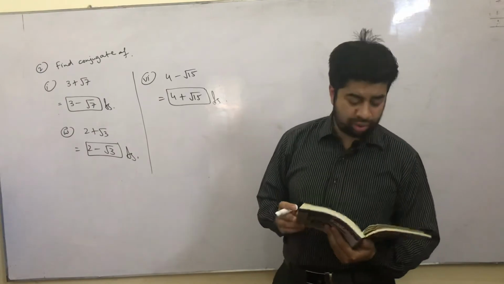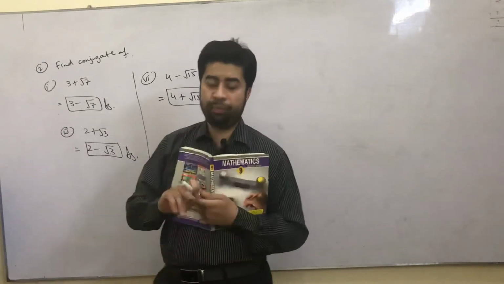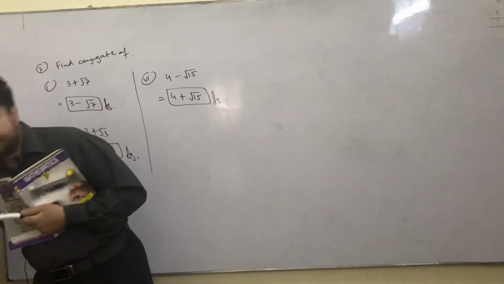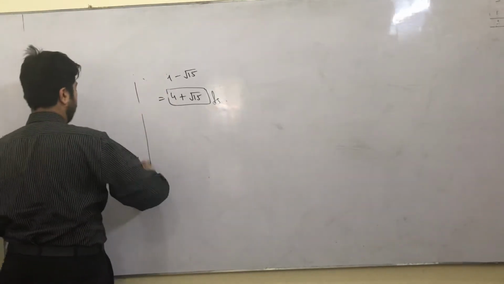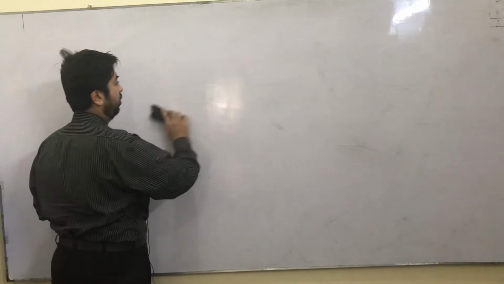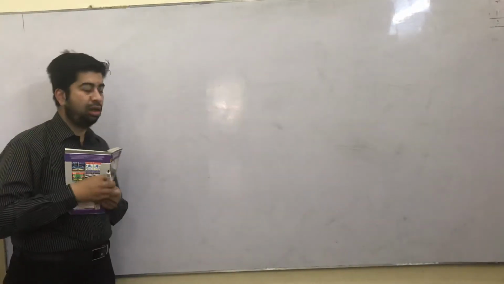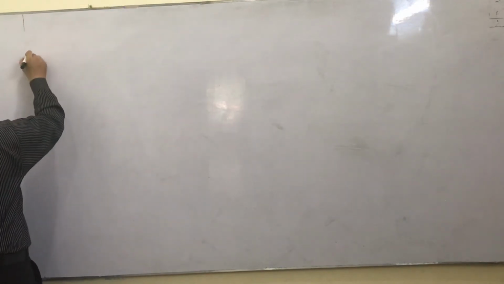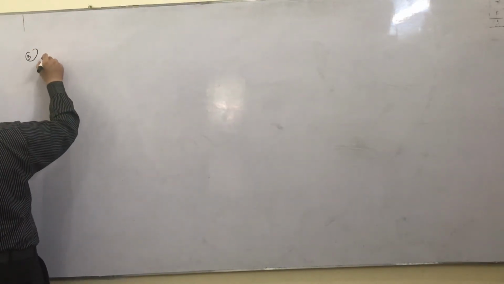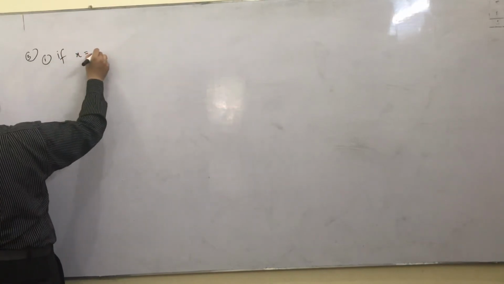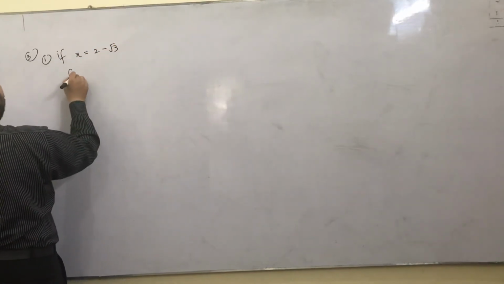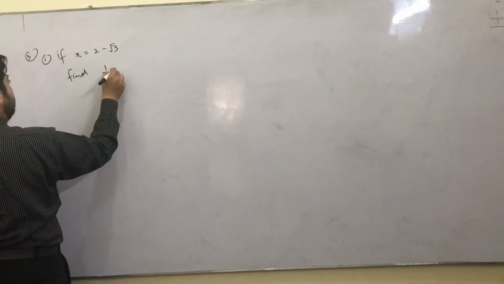Talking about question number 3 of exercise 4.4. You can simply just change the sign of an irrational part from question number 2. So it is the conjugate. Question number 3, the first part is: if x is equal to 2 minus square root 3, find 1 over x.